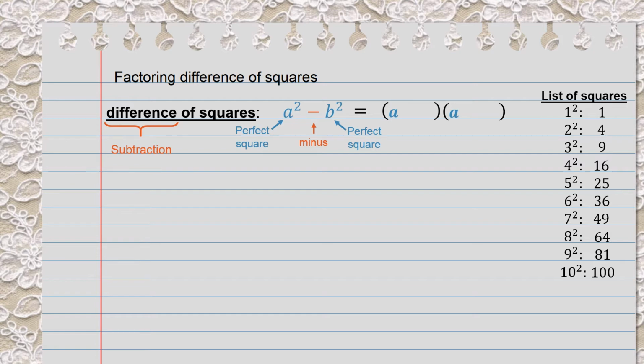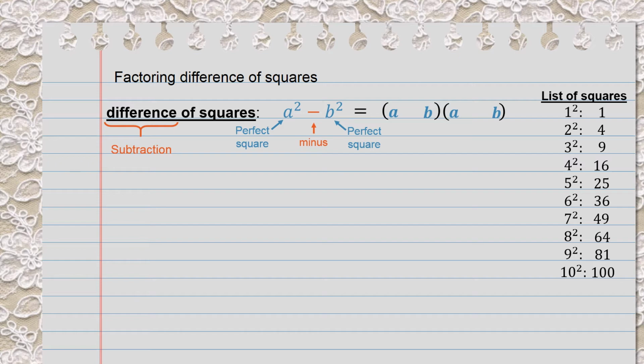Next, because b squared was a perfect square, we need to know what value times itself created b squared. Well, that would be the value of b, which would be the second term in your first set and your second term in your second set.